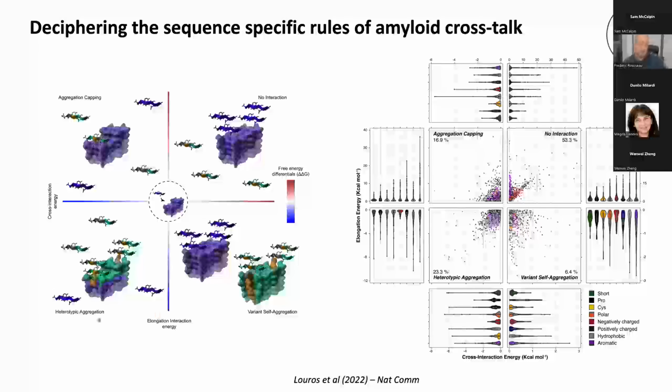You can also have a cross-seeding effect, whereby the peptide can bind to a pre-existing tau core, tau amyloid. And sorry, this is not tau only, this is modeled on many different amyloids. And so you can have the scenario where you can dock and still elongate. And then, of course, you can have a last scenario where the point mutant is still aggregating, but without interacting with the wild type sequence.